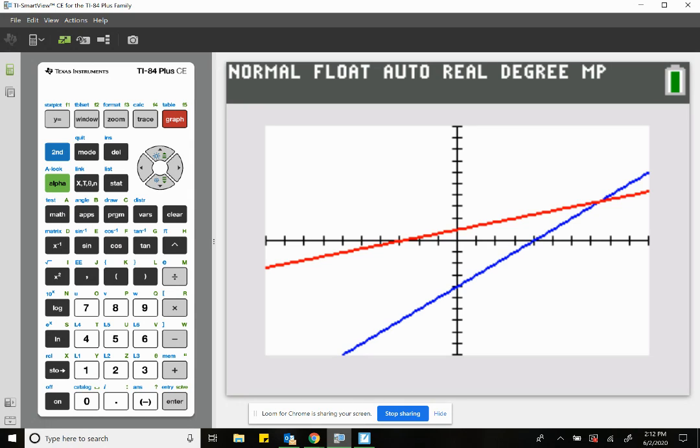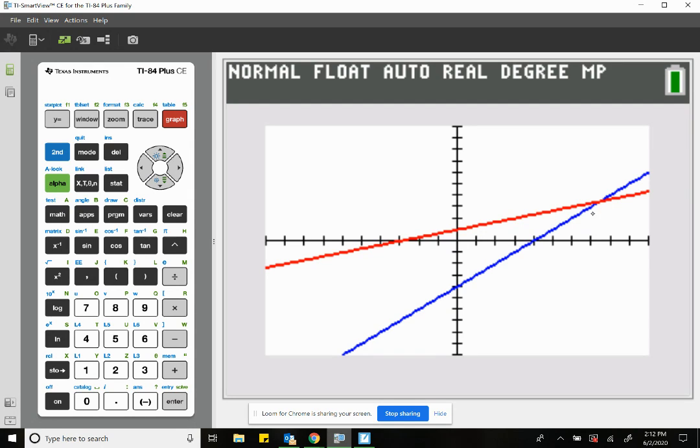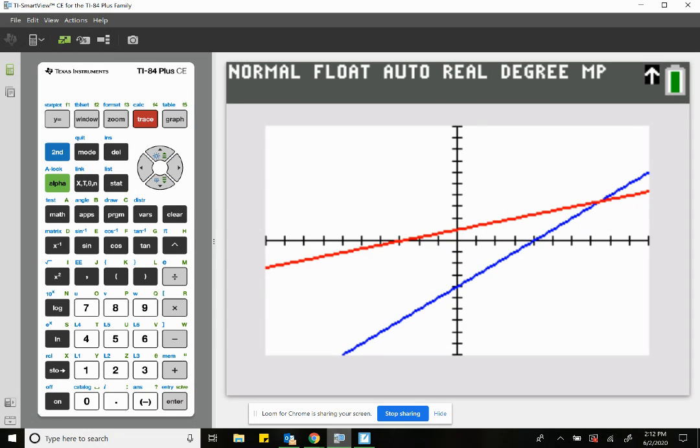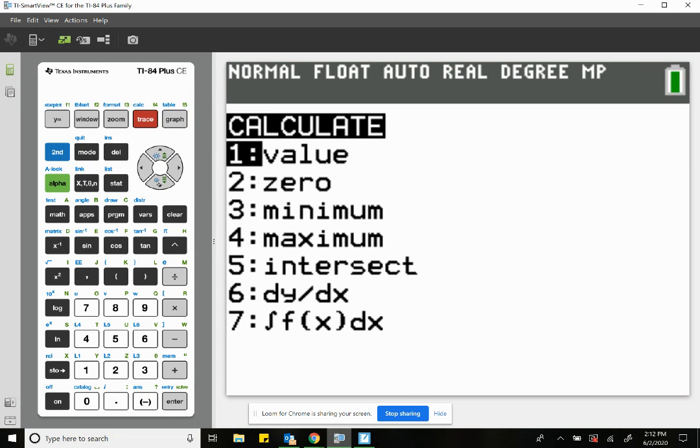there they are. So we want to figure out what is that point right there. Okay. So again, it doesn't look like we can necessarily name this right off the top. This is why I taught you how to do the second trace, because this will tell us exactly what that intersection is. Okay.